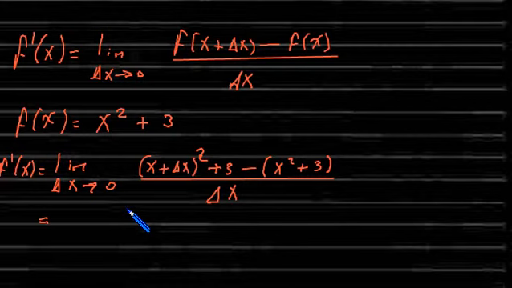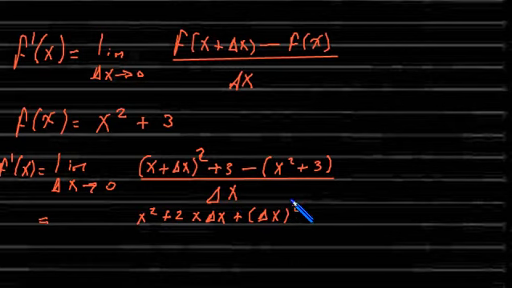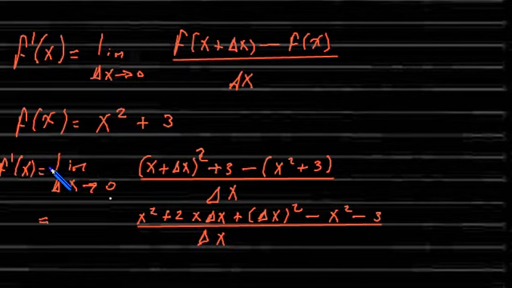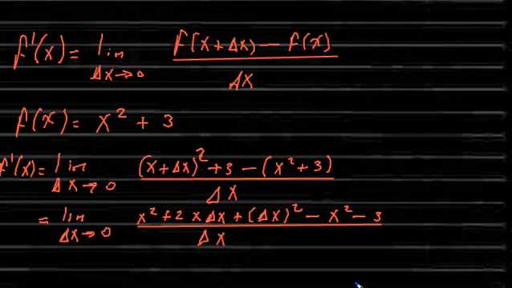Well, this is going to be equal to x squared plus 2 times x delta x plus delta x squared minus x squared minus 3, and this, of course, I have to divide by delta x, and of course I'm taking the limit of this as delta x approaches 0.